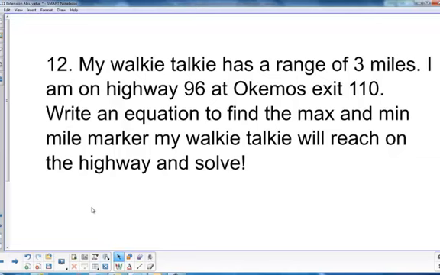And finally, a little story problem. My walkie-talkie has a range of 3 miles. So that means something in the absolute value is going to equal 3, because that's the plus or minus 3. And I'm on Highway 96 at Okemos at 110. Write an equation to find the maximum mile marker my walkie-talkie will reach.